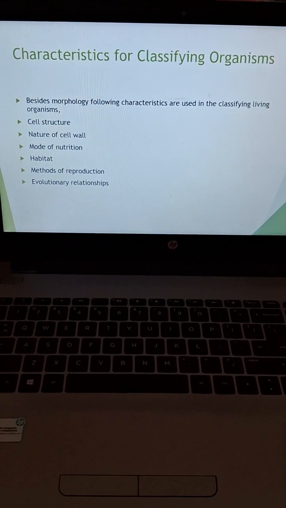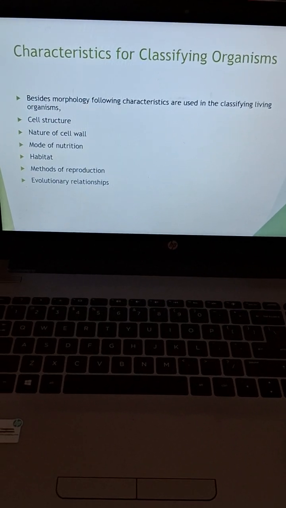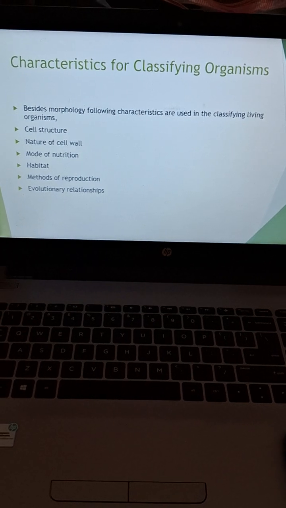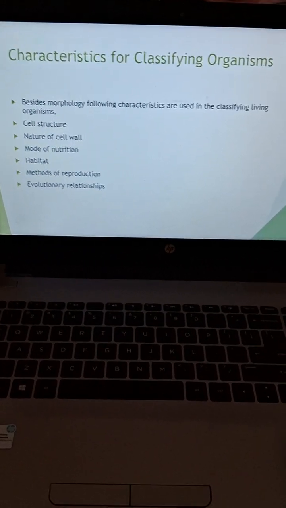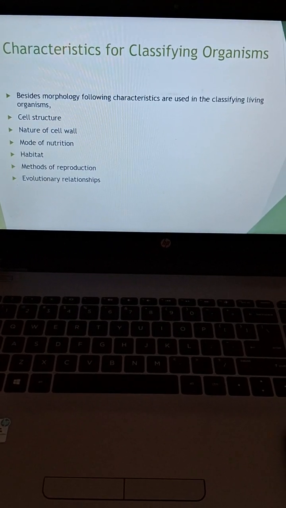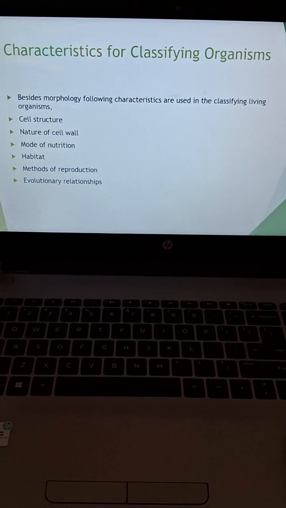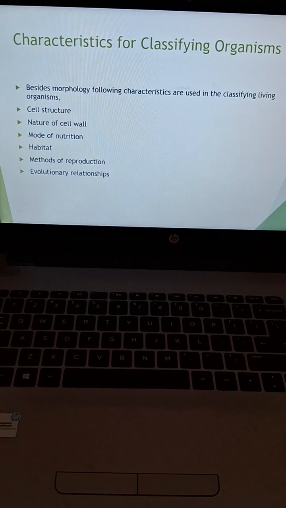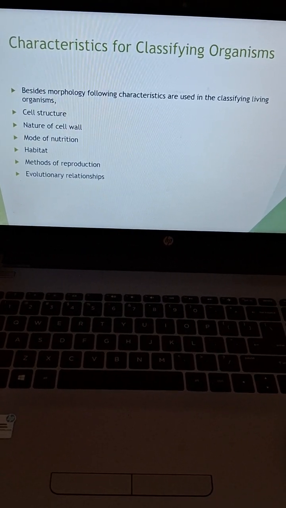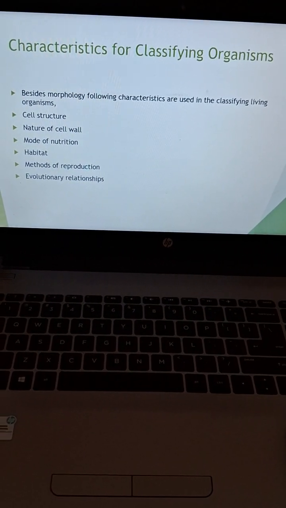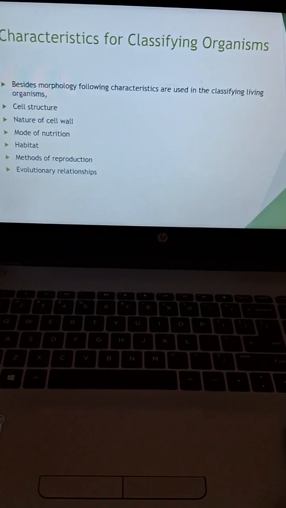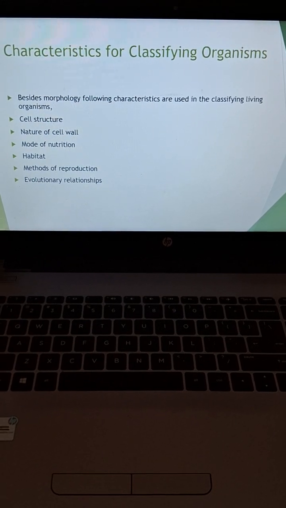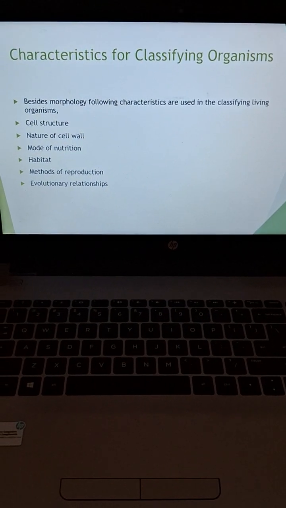So besides morphology, they used cell structure, how the cell is present in these organisms, nature of cell wall, mode of nutrition, whether they have an autotrophic or heterotrophic mode of nutrition, habitat, where they live, methods of reproduction, and evolutionary relationships. These are the characteristics used for classifying living organisms.